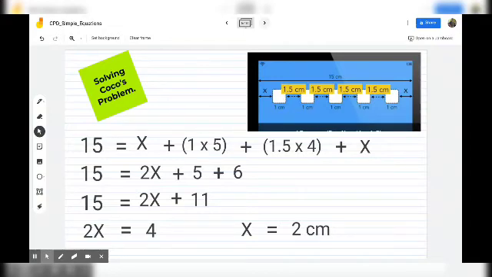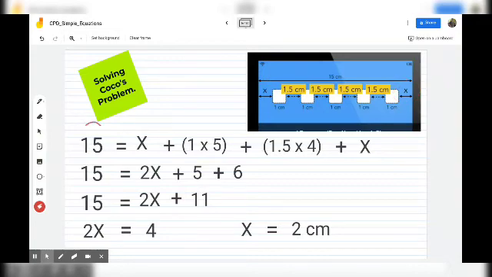Let's start with the total length of the screen. We know that it is 15. But what is this 15 equal to? This is equal to all the lengths added up. These are all the lengths in between which Coco needs to add up together. But there are a few things which are unknown. This is the margin.